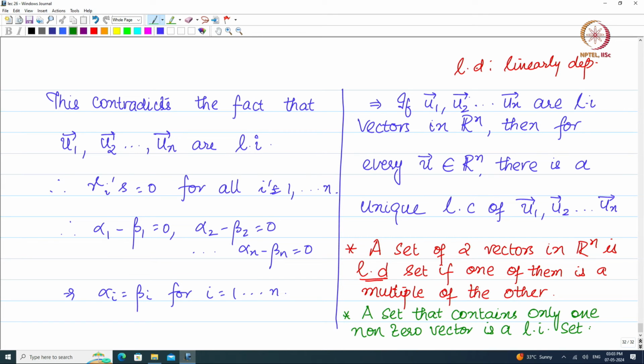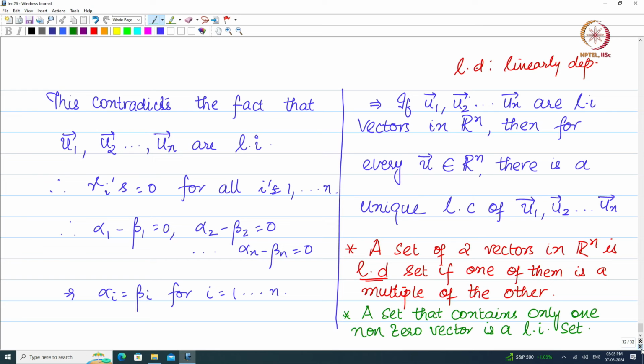You can verify this on your own. It is a non-zero vector, so in order to get the 0 vector, the linear combination of this single vector can only be multiples of this vector, and the only multiple which is going to give me the 0 vector is by taking the scalar to be 0. So, that is easy to do.